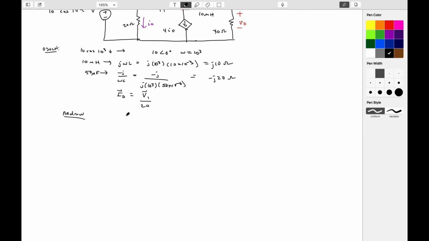All right, if we redraw, we get a 10 volt source, a 20, a 20, a negative j20, a dependent source, which is going to be, by the way, 4 times V1 over 20, where this is V1 and this is V2.